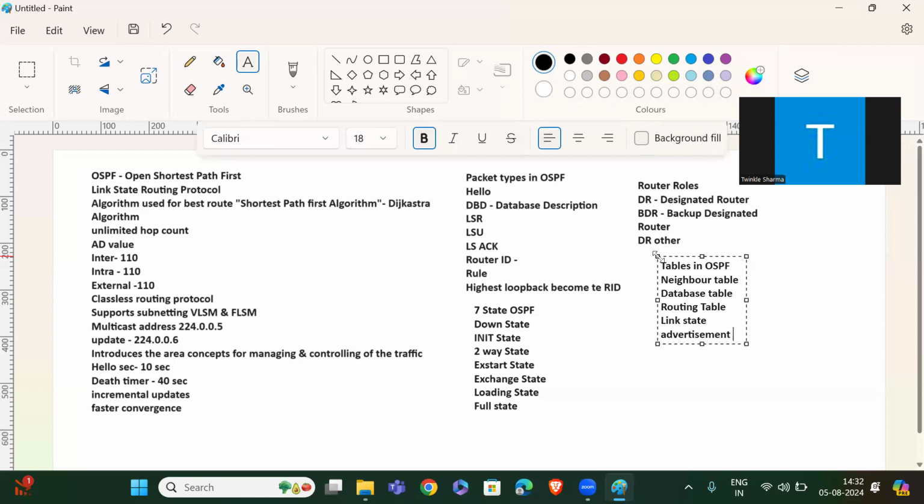First is router LSA, LSA 1. Then we have network LSA.